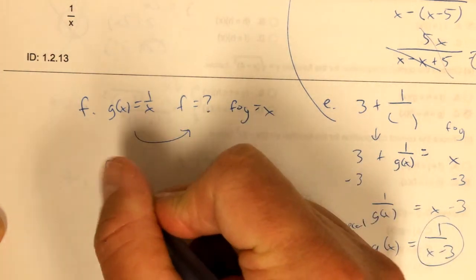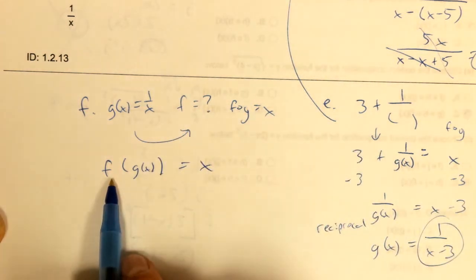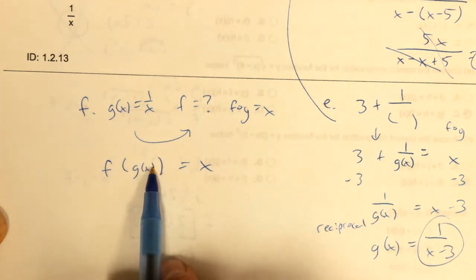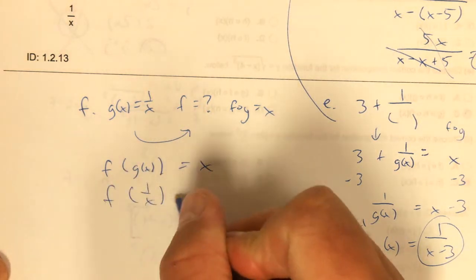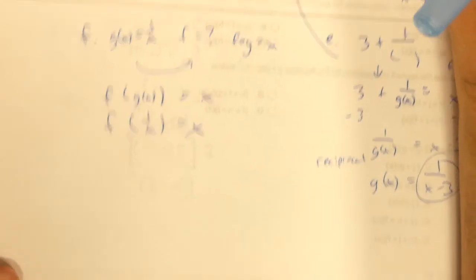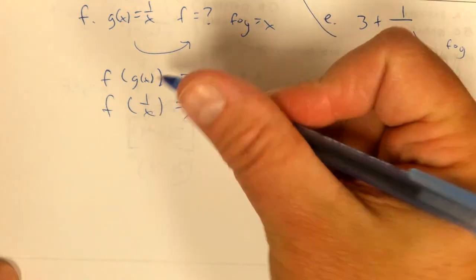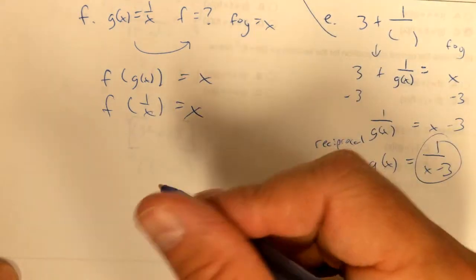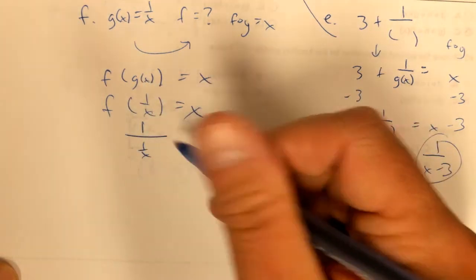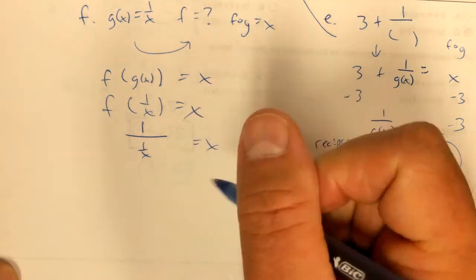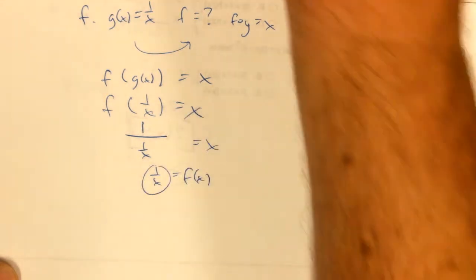We say f of g of x equal x, and then the g of x we knew was 1 over x. So f of 1 over x equal x. So in order for that to happen, you'd have to have your x flip, and the only way it flips is if you had 1 over x. That would make it flip. So that means that 1 over x is f of x. So 1 over x is your answer.